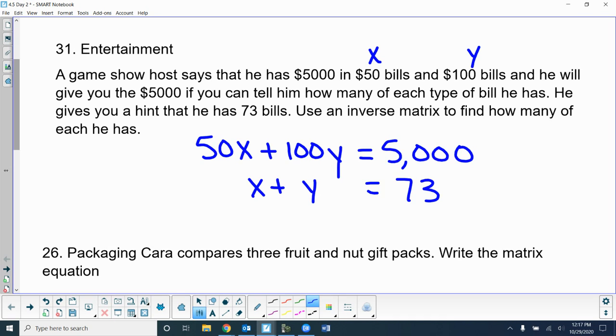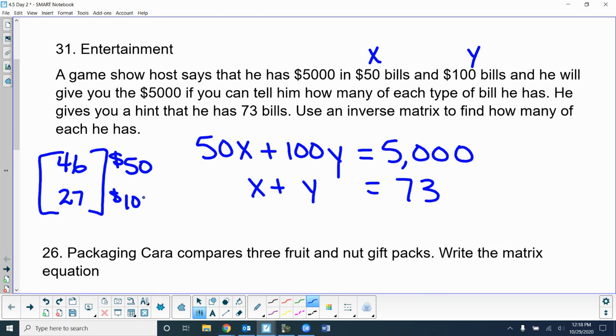Elizabeth, what's the answer? Correct, 46 and 27. So again, what's 46? Yeah, the $50 bills, right? And 2,700. Okay?